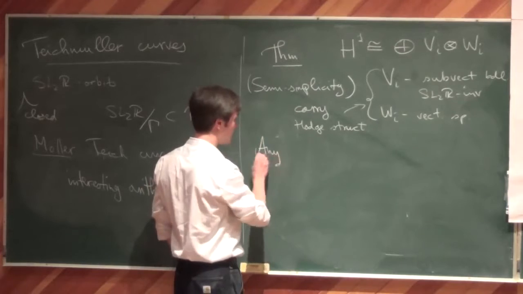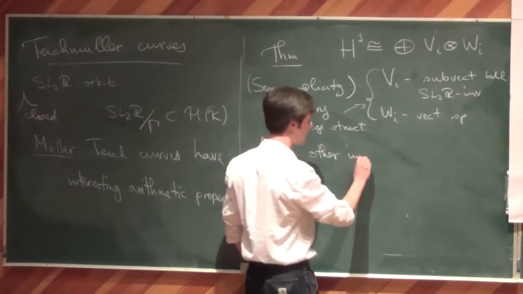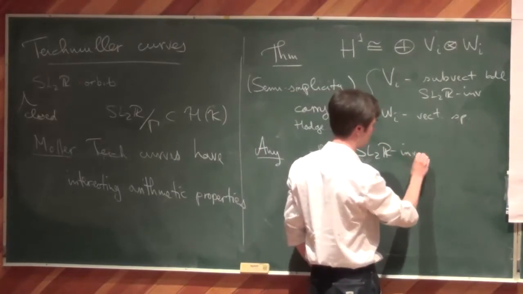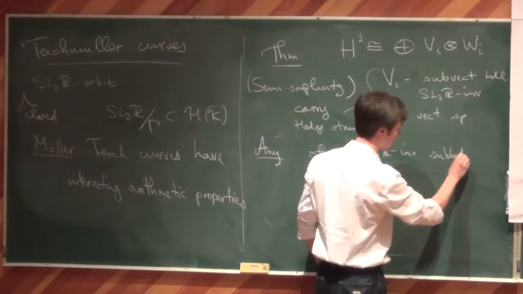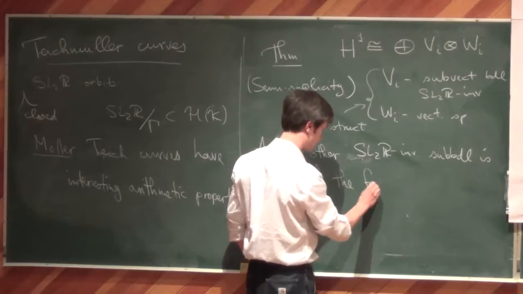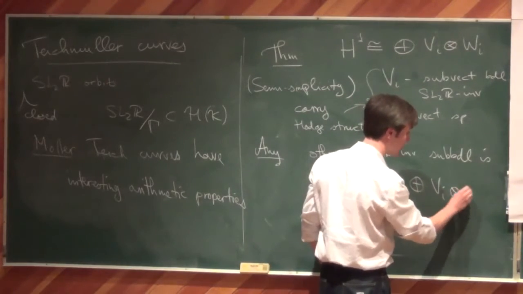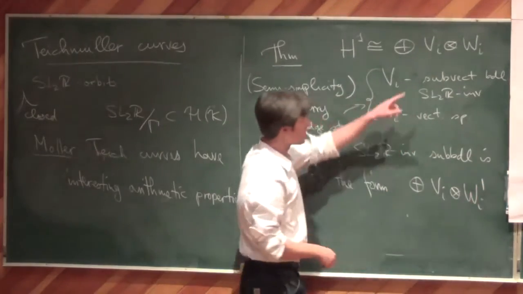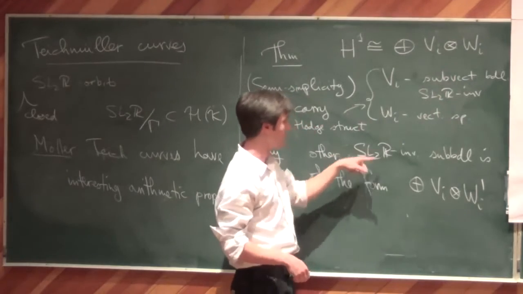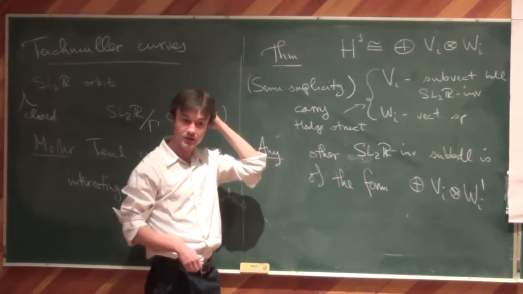The fact is that any other SL bar invariant subbundle has to be of the form: you pick subvector spaces inside these Wi's, and then tensor them with the Vi's. This is the only way such a thing can occur.